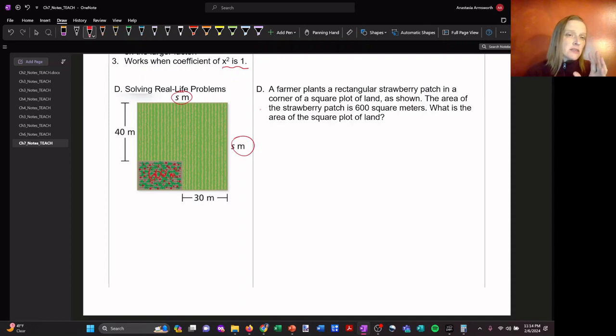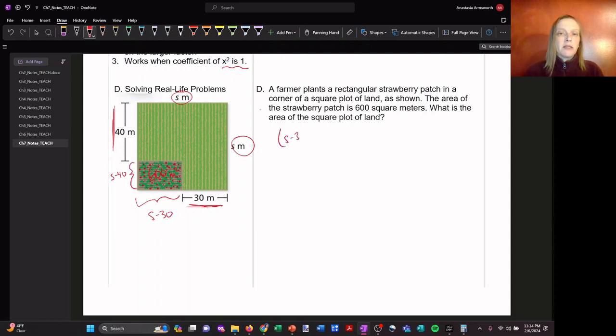I don't know the exact dimensions of the strawberry patch, but I do know that there's 30 meters left over here on the bottom of this square patch, and there's 40 meters left over here on the side of the square patch. So I can think of this side of the strawberry patch as being S minus 30 meters, and this side of the rectangular strawberry patch as being S minus 40 meters.